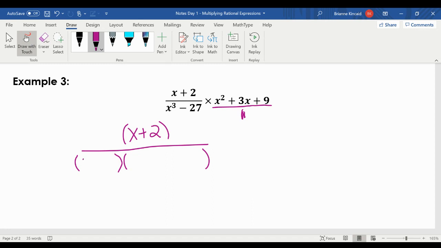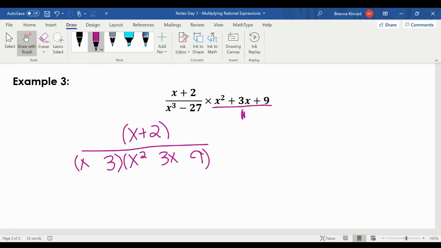The answer is just x. Then what do I cube to get to 27? 3. Our pattern for our trinomial is we square the first, so I square x and I get x squared. For the middle term, I multiply these together, so 3x. And then for the final term, I square the 3, so 9.